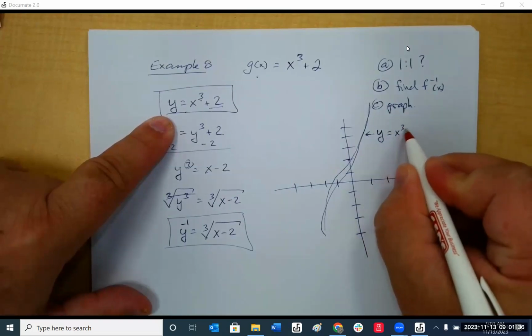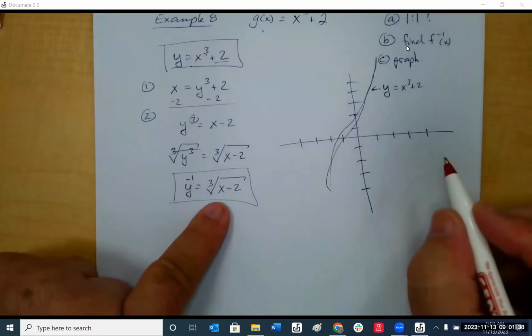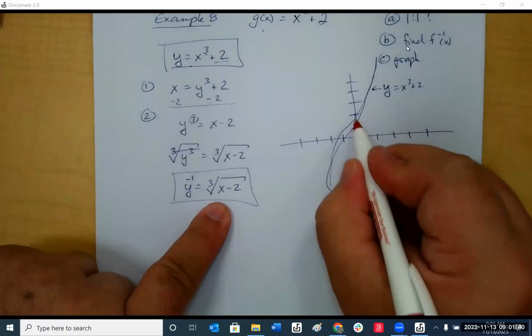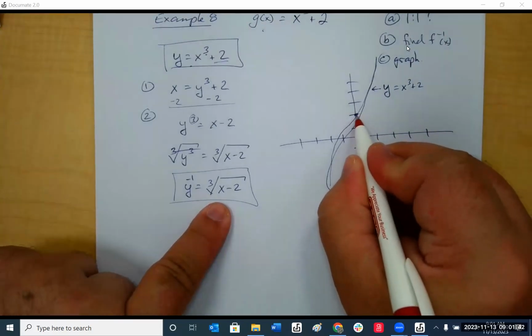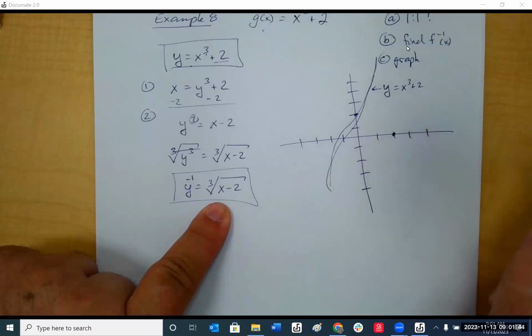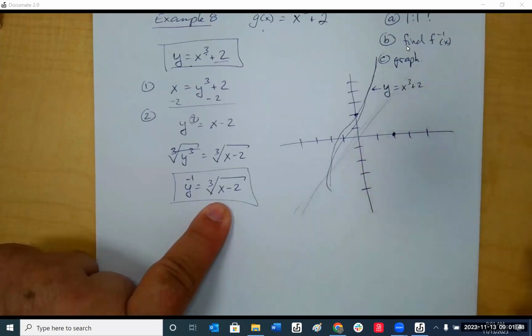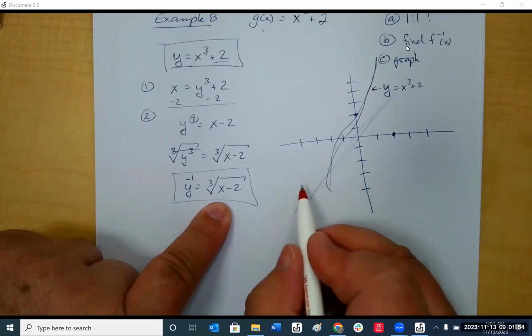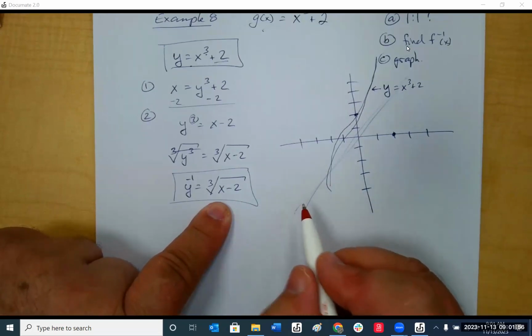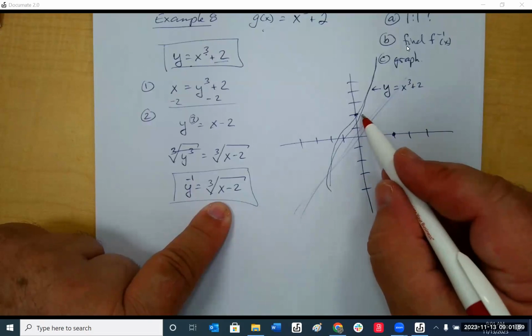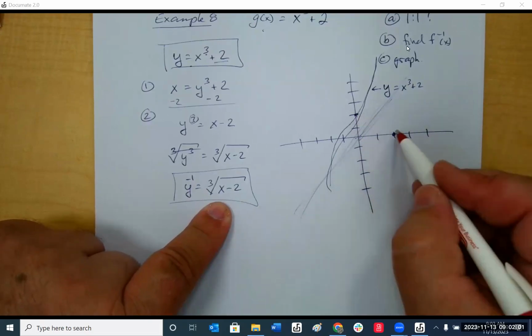Now we've got to do the inverse function. So where it crosses at 0, 2, it now crosses at 2, 0. Got to be diagonal. So there's 2 spaces there.